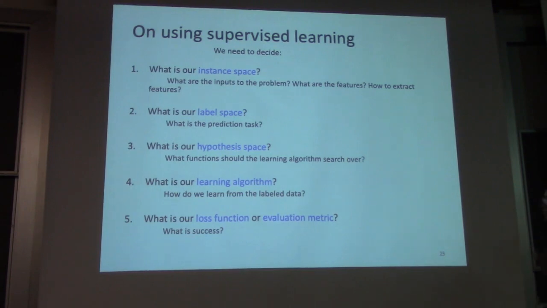And the third question would be, what is our hypothesis space? As someone just mentioned, what is the function space? What is the family that could potentially contain the target function? So actually, any specific machine learning algorithm will assume a hypothesis space, a function space.